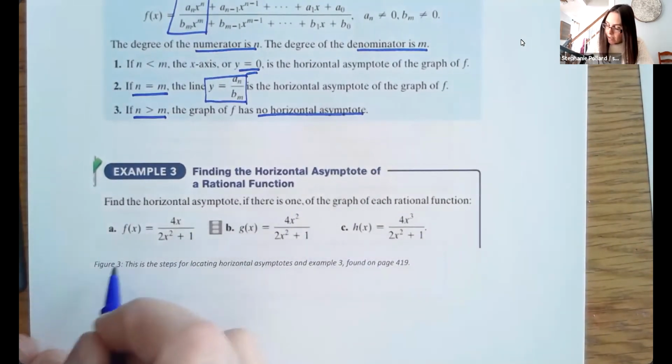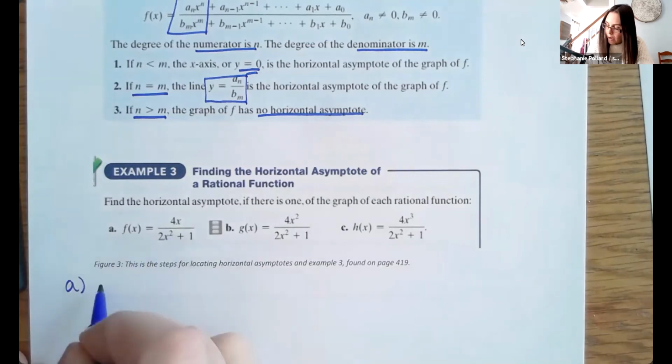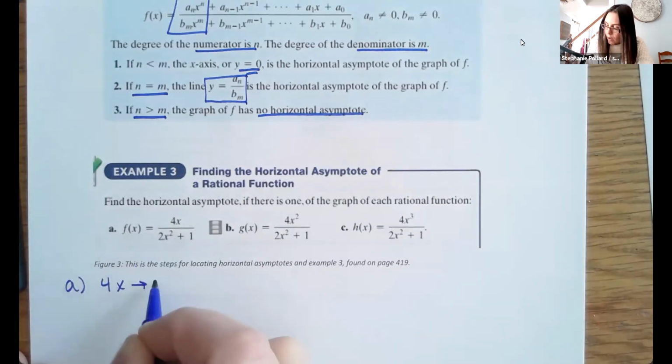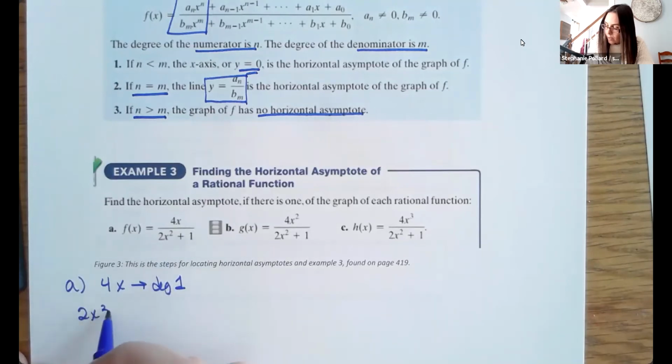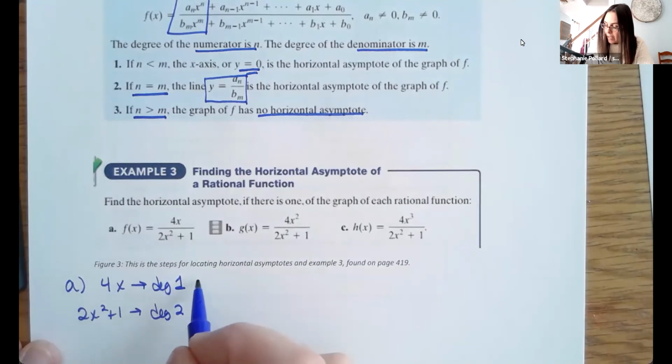For A, my numerator is 4x, so this has degree 1. And my denominator is 2x squared plus 1. This has degree 2, right? The square is the highest power here, and 1 is the highest power in the numerator. So what I'm noticing is my n is equal to 1 and my m is equal to 2. My n is less than my m, right? 1 is smaller than 2.